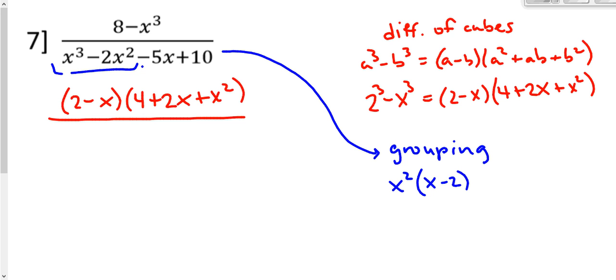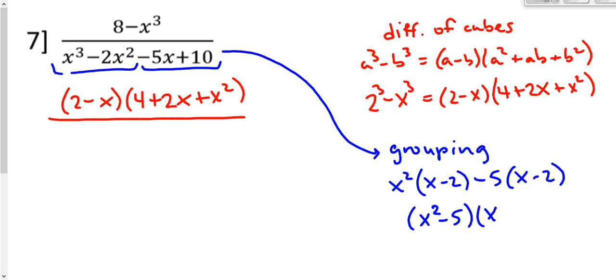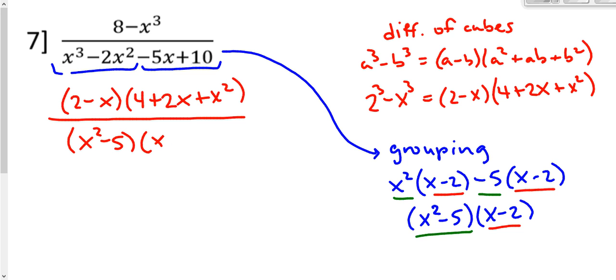And then you could factor -5 out of the last 2 terms, and that gives you -5 times x minus 2. And then the next step in that is to write it as x squared minus 5 times x minus 2. So the x minus 2 came from this common factor, and then the x squared minus 5 came from what was left in the problem. So that's our denominator, x squared minus 5 times x minus 2.